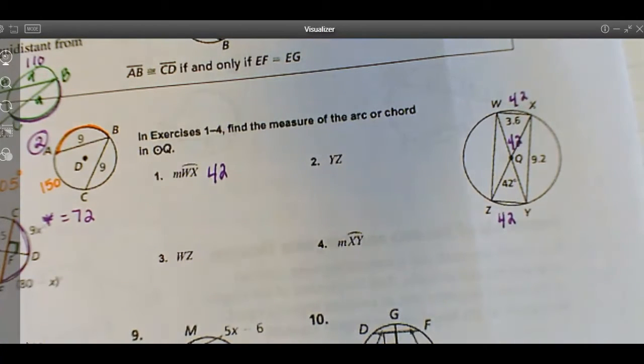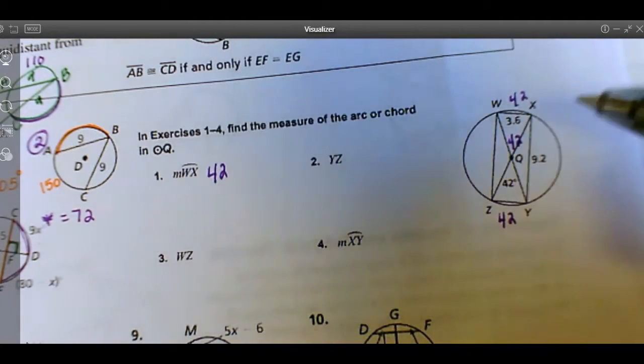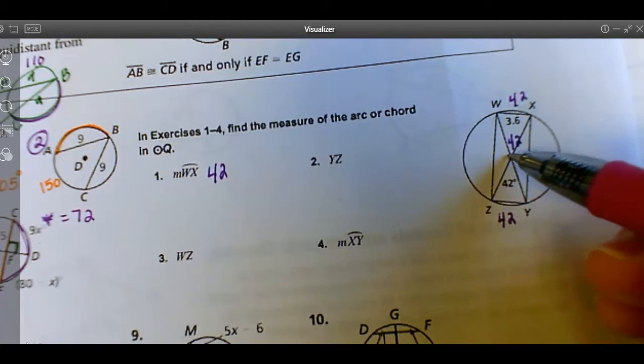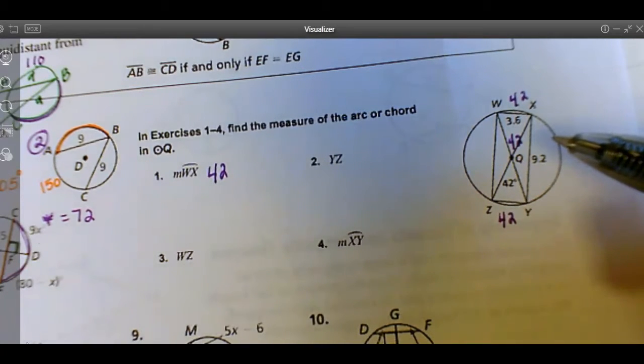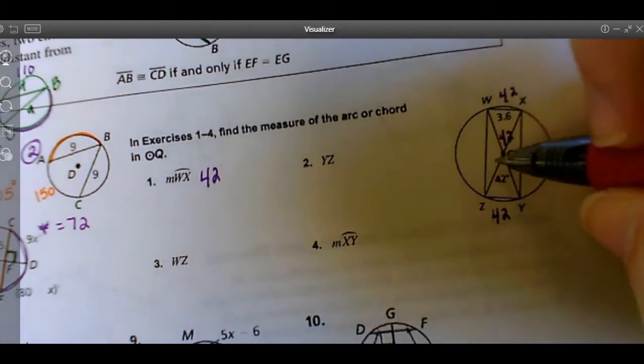Now, before we get the sides, let's talk about the rest of the angle. So if that's 42, I can figure out this angle right here by subtracting from 180. So I can do 180 minus 42, which is 138.